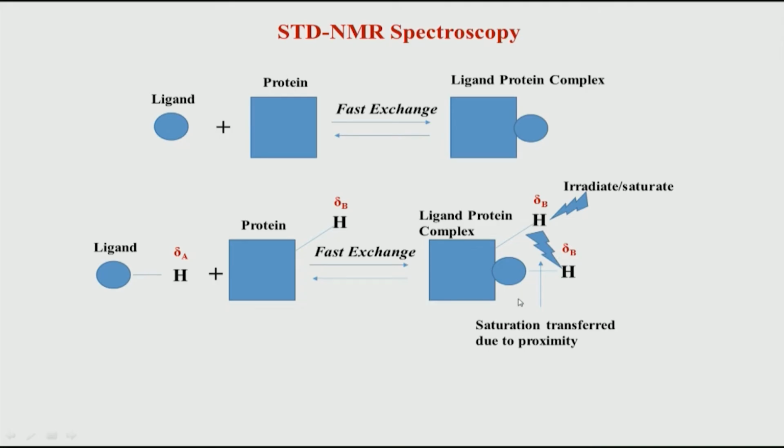Now, if you see carefully, this hydrogen is in exchange with this hydrogen, because remember we discussed this is known as fast exchange. In a fast exchange scenario, this hydrogen is exchanging with this hydrogen rapidly. Therefore, it is next, in turn, communicated to this hydrogen here, because this is in fast exchange.